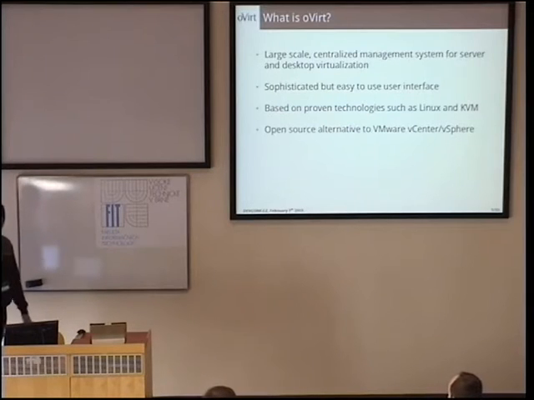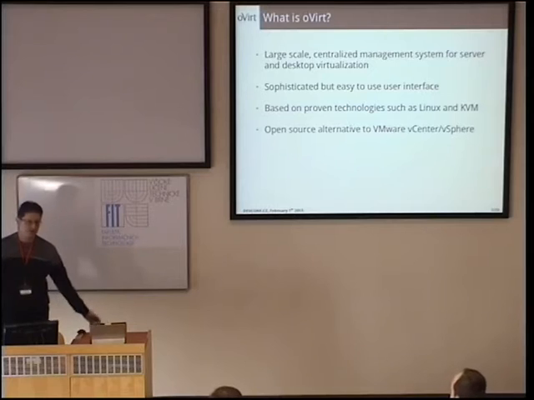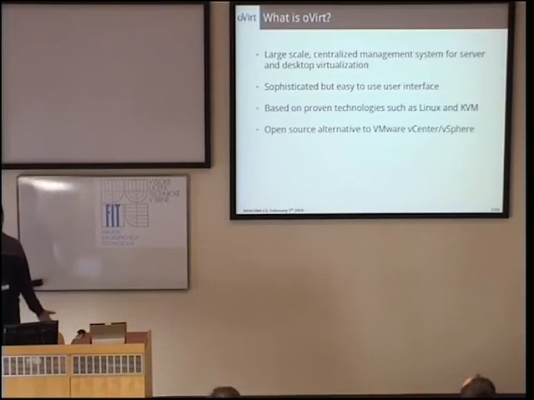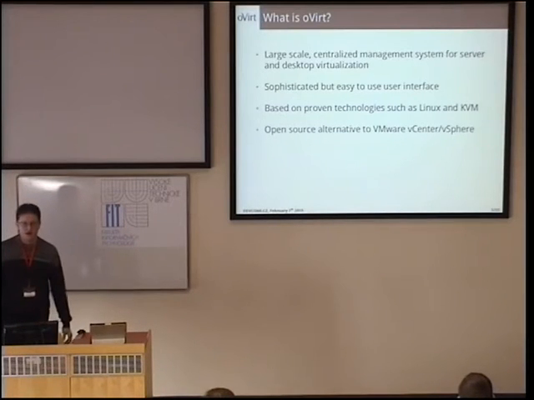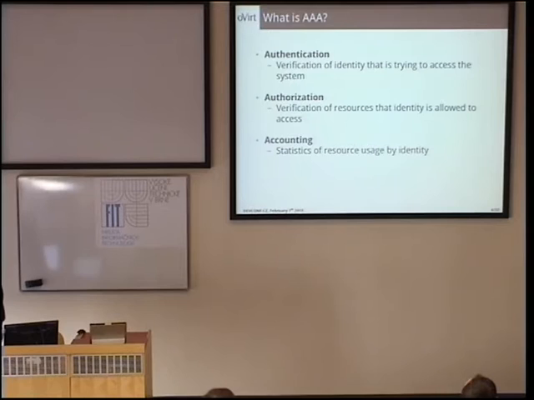Just a quick introduction. What is oVirt? It's a centralized management system for server and desktop virtualization. It has a sophisticated user interface, and it's based on Linux and KVM. What is this magic AAA?